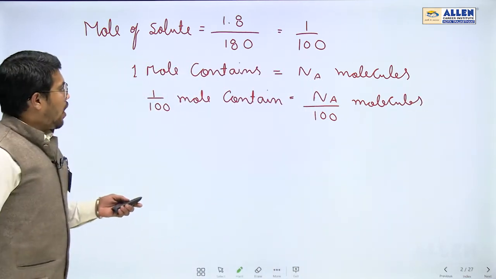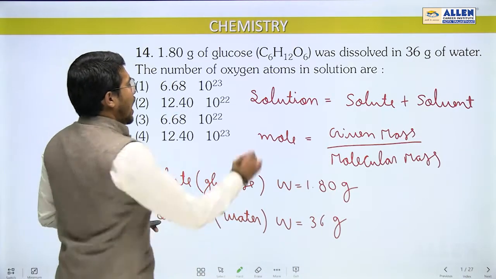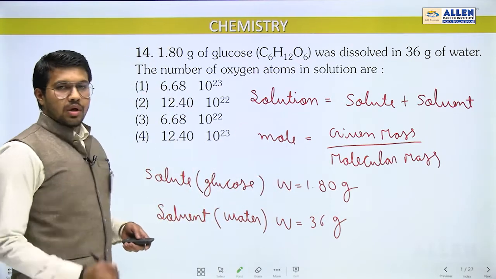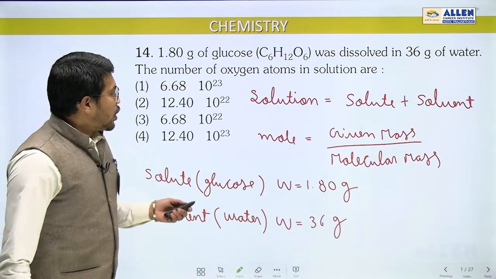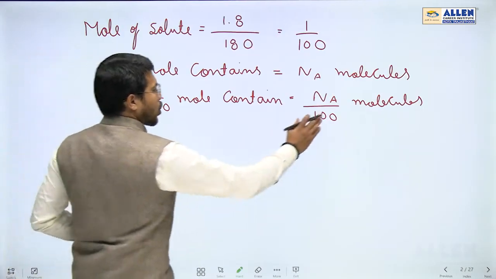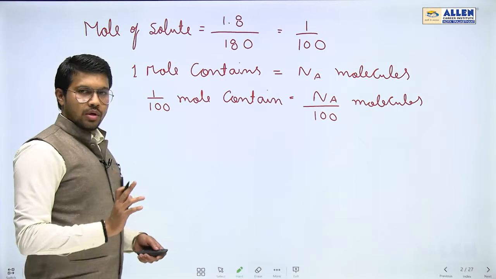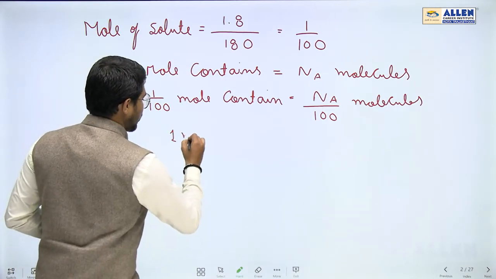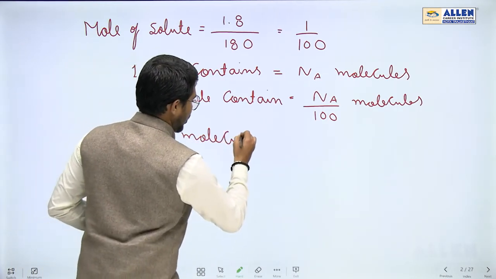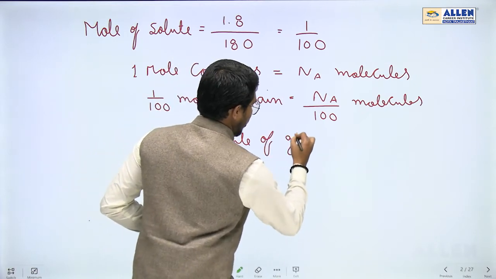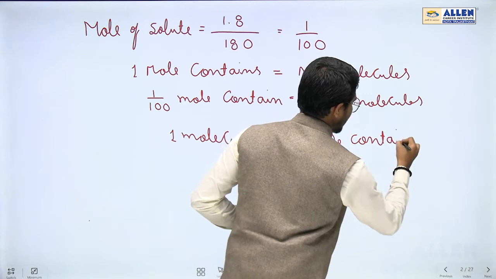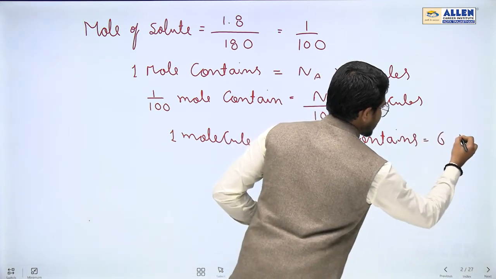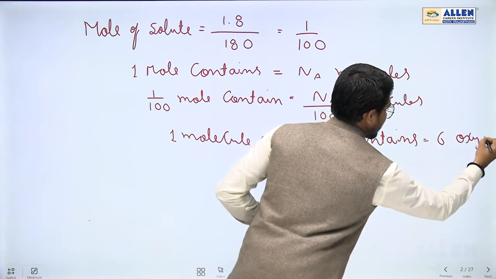Now as we can see here, in 1 molecule of glucose we have 6 oxygen atoms. So 1 molecule of glucose contains 6 oxygen atoms.